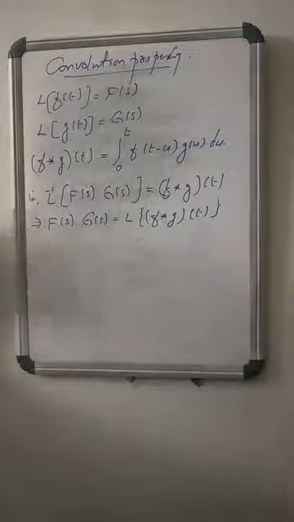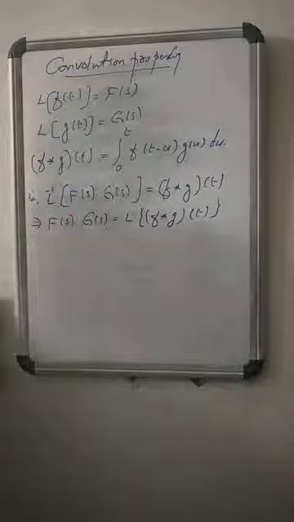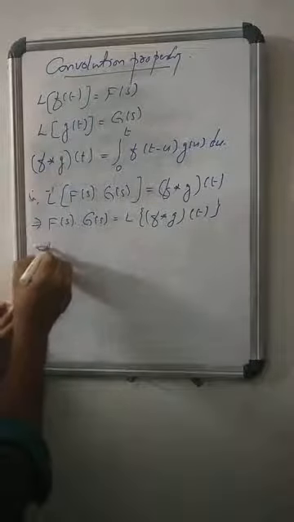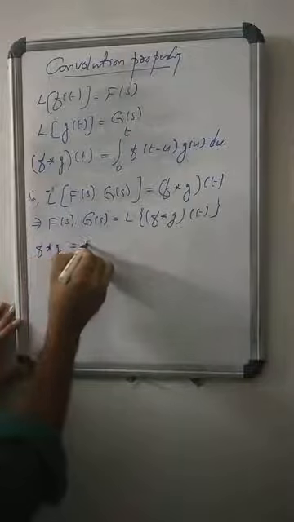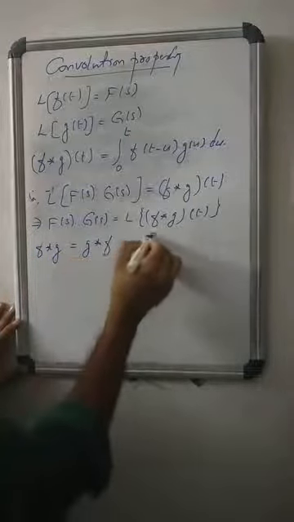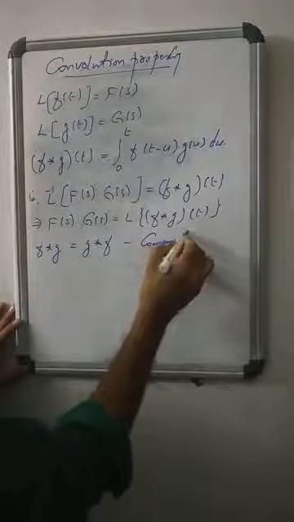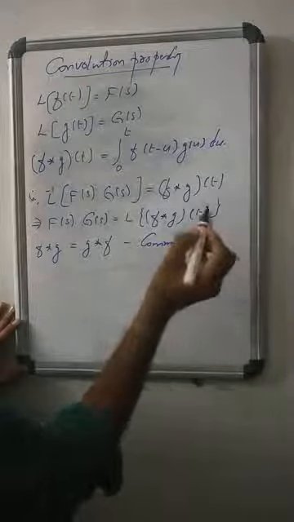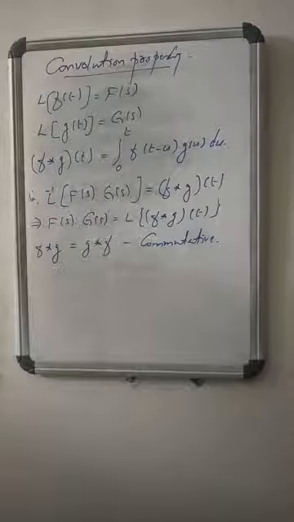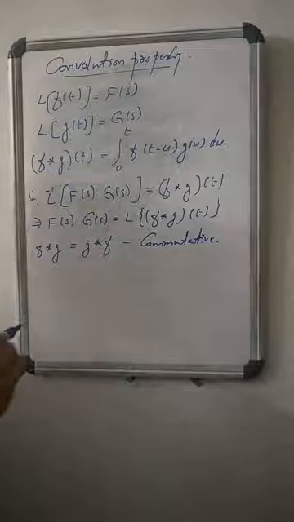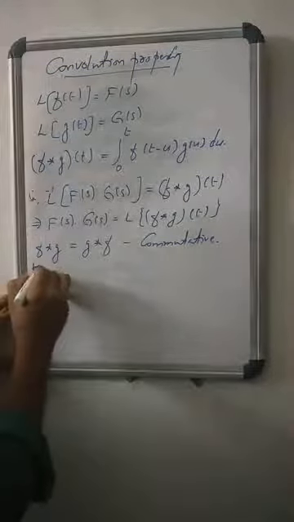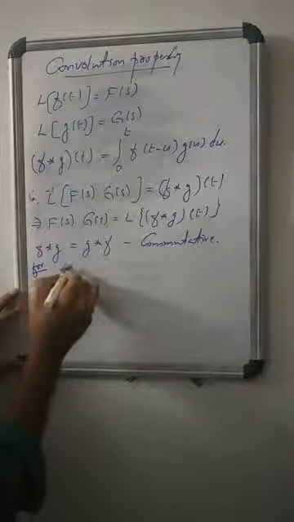Again, the convolution is commutative. That is f star g equals g star f. This is the commutative property. The convolution is always commutative. How to prove this? The proof is: what is f star g of t?